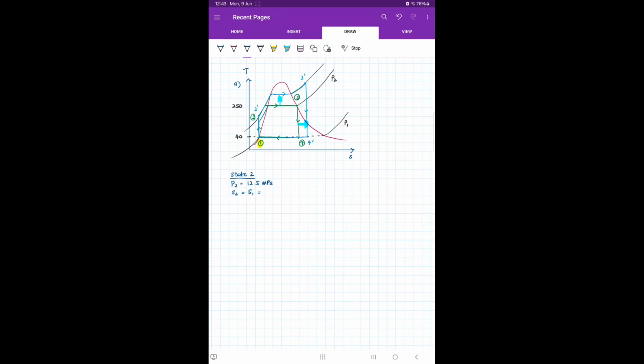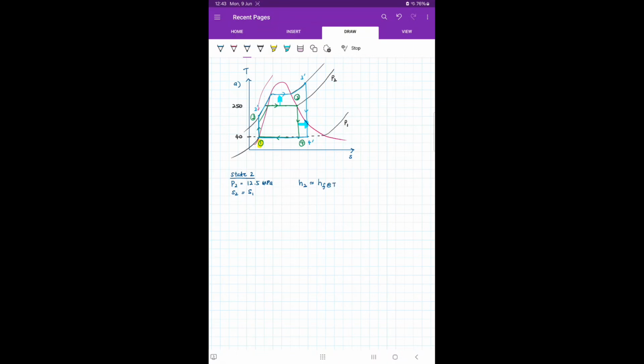For a compressed liquid, we know that to find the enthalpy, we can approximate H2 as the enthalpy of a saturated liquid at a given temperature. But we don't have the temperature, right?